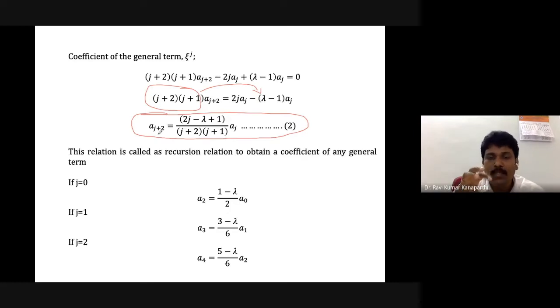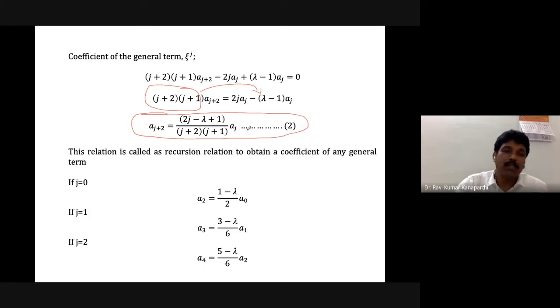This is a common expression which is really helpful to evaluate the coefficients in the infinite power series. It is very useful, and we call it a recursion relation.